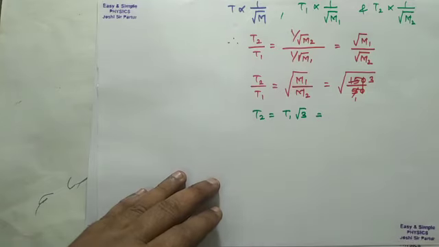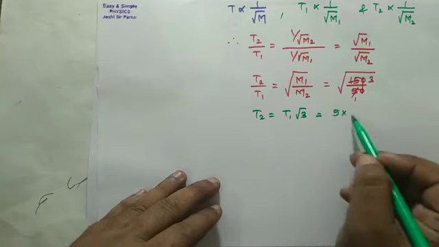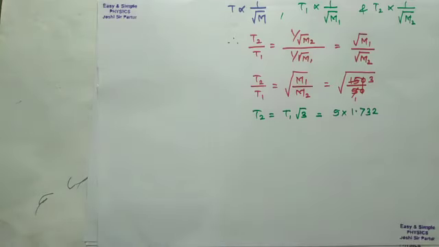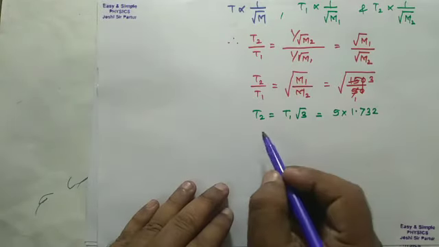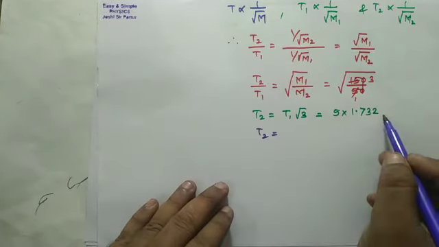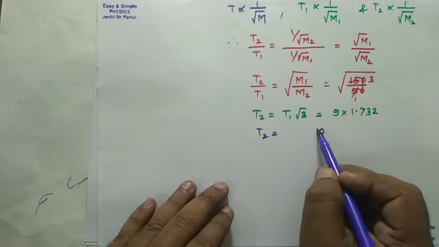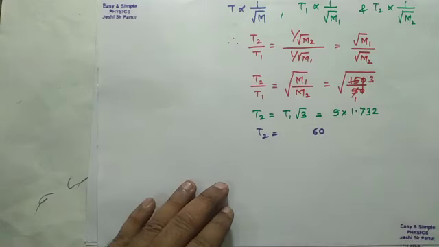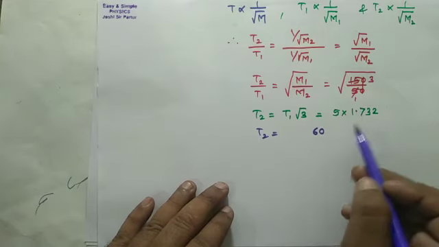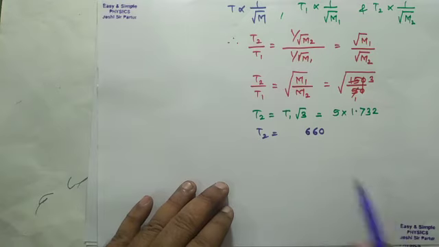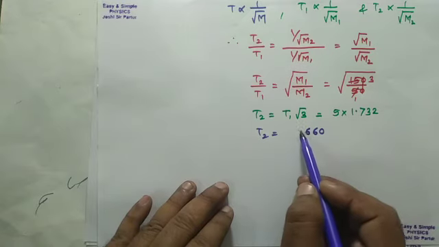T1 is given as 5 into 1.732, which is the value of square root of 3. If we multiply, T2 is equal to 8.660 seconds.